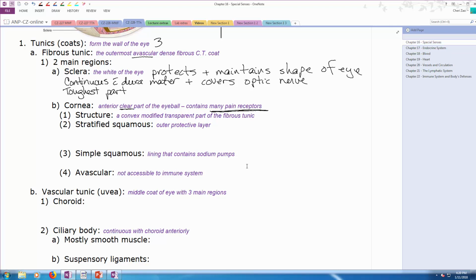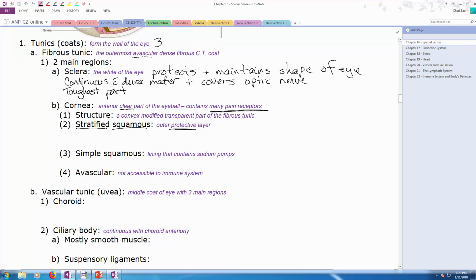So we have a very transparent layer of stratified squamous epithelium covering that. Because it's stratified squamous epithelium, we know it's protective, and we do have some sloughing of the very surface of it, but it's not important because it's stratified and we're always getting continuous replacement of that.